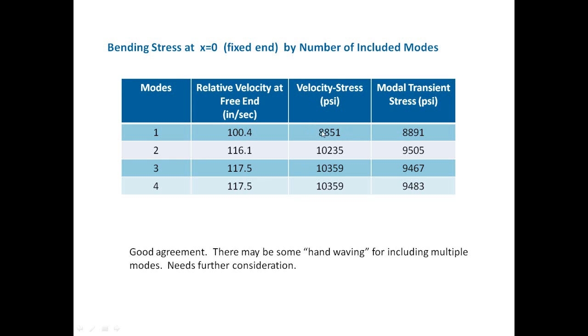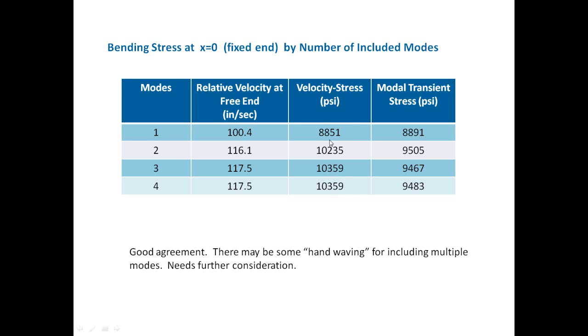So if we include a single mode, it's 8,851 psi, and then you can see how we increase the velocity stress as we include a higher number of modes.